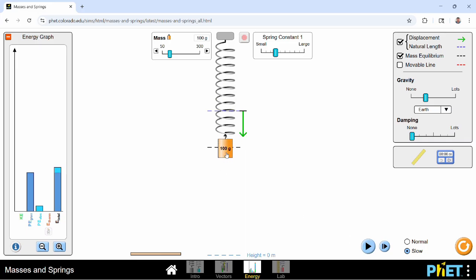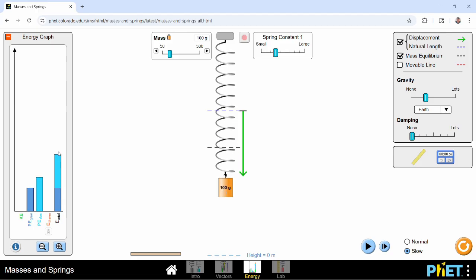Okay, good. So it's still updating the figure on the left, so I can pull it down a little bit. So you can see, if I pull the mass down a little bit, then gravitational potential energy decreases. But spring potential energy increases enough that the total potential energy is not actually decreasing. As I continue to pull this down, you can see that it's increasing.